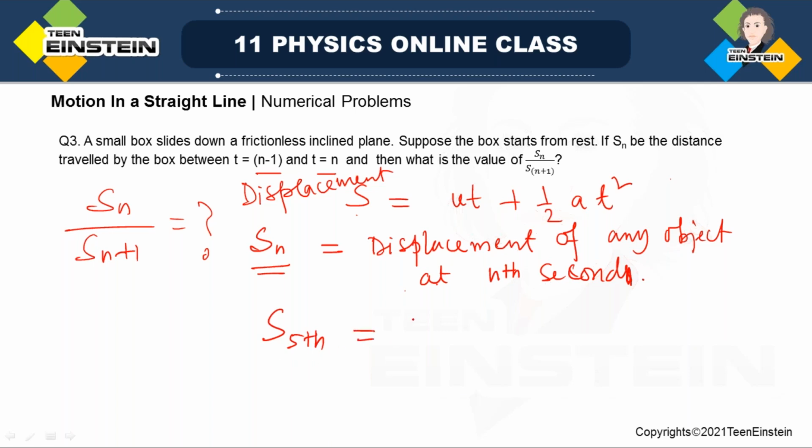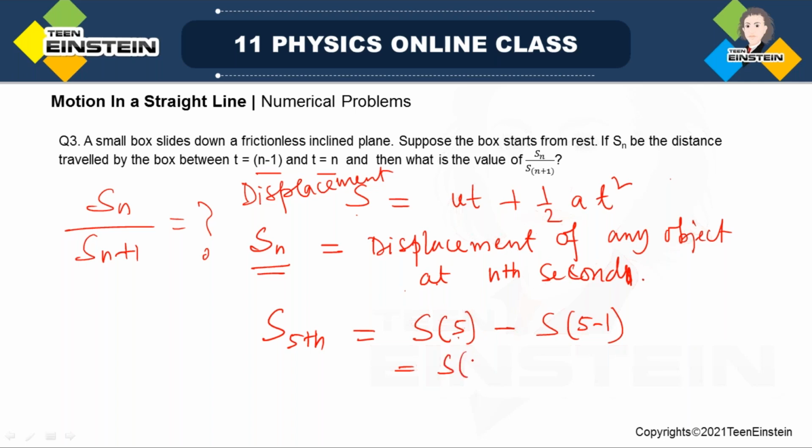You find the displacement in 5 seconds minus the displacement in 5 minus 1, that is 4 seconds.